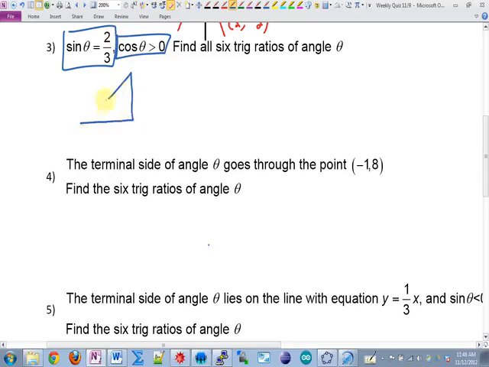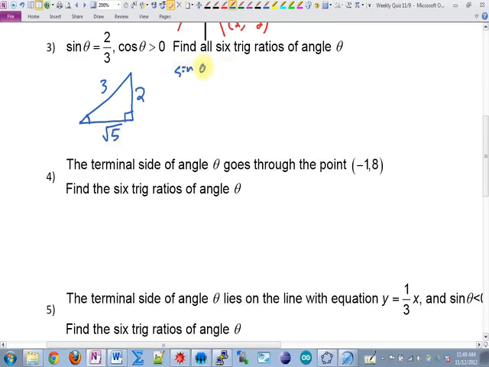So you're going to have a quadrant 1 triangle that looks like this, where this angle right here is your reference angle. Since sine of that angle is 2/3, I can call the opposite side 2, the hypotenuse 3. The Pythagorean theorem, the square root of 3 squared minus 2 squared, gives me radical 5 for the other side.